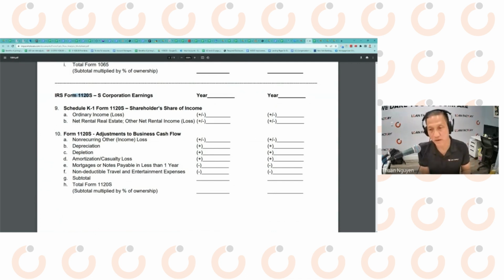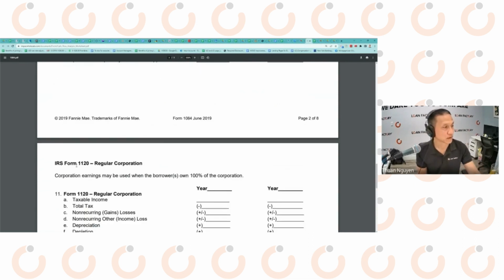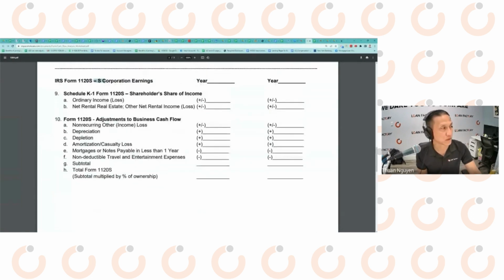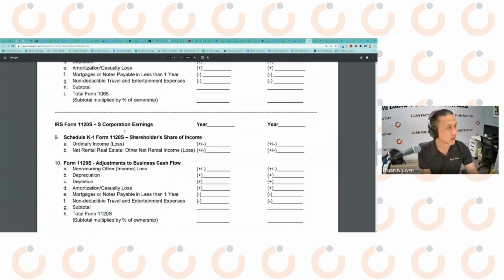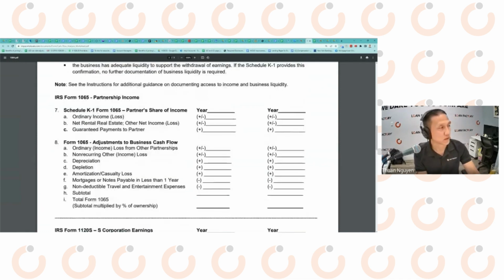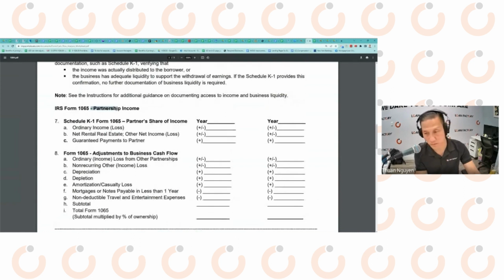By default, when you open a company, it's a C corporation. But you can elect, you can apply to become an S corporation. The C corporation files Form 1120. An S corporation files 1120S with the letter S on it. I would advise you not to go into detail. It's not worth it. It's really complicated. Just know that it can be either a partnership or a corporation.